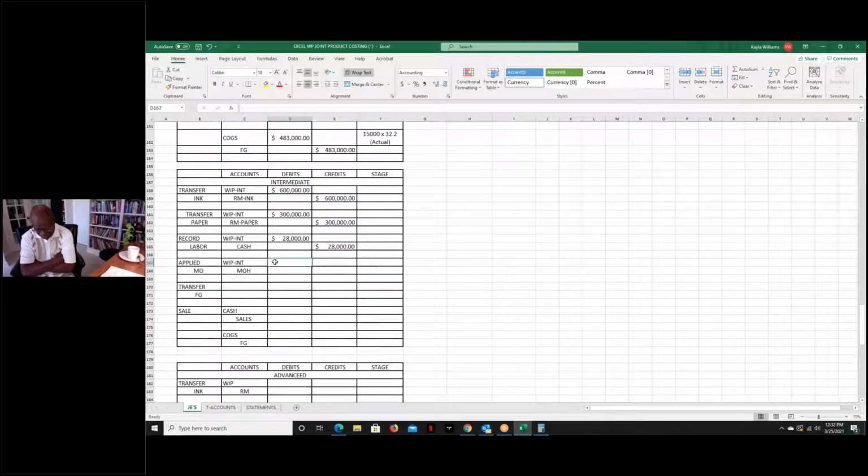Then for applied overhead, it's gonna be 22,400. Then for the transfer to finished goods, it's gonna be 770,000 and 400. Wait, 707,400.